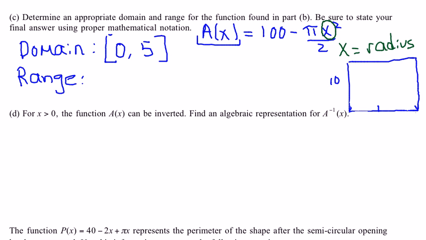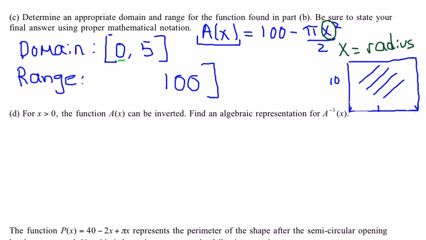How much material do I have left? Well, actually I have all the material left, right? So I have 100 square meters of material left. Okay, so that's going to serve as the largest output that I could possibly have, and that comes into play when I remove no semicircular piece, or I have a radius of 0.